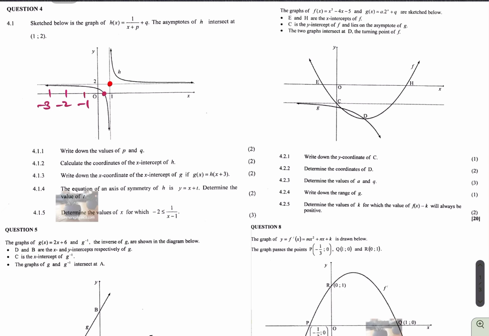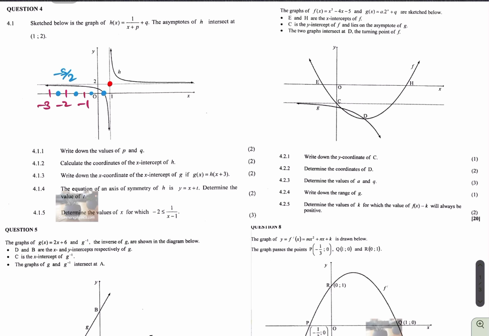If you are to move this graph to the left by 3 units from the point of half, the first movement is at negative half, a second movement at negative 1.5, and then the third one, that is 3 units, is going to be at negative 2.5, which is negative 5 over 2.